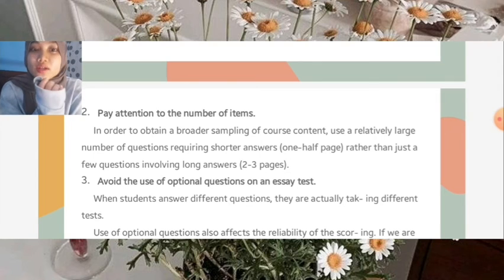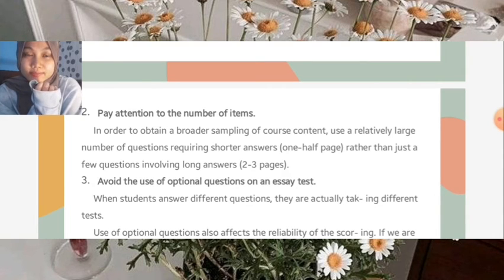It means that in order to obtain a broader sampling of course content, use a relatively large number of questions requiring shorter answers. Shorter answers of one half page rather than just a few questions involving long answers of two to three pages.